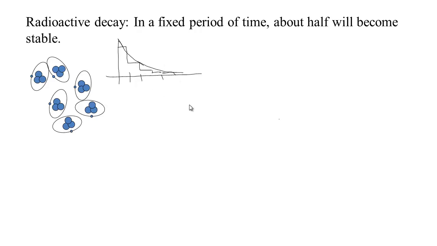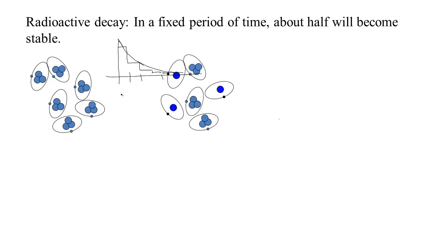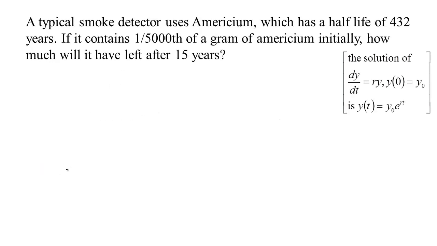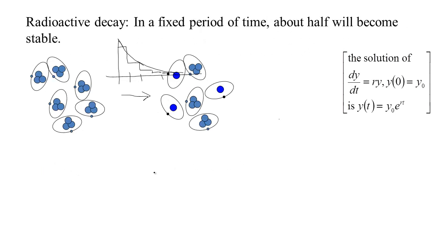So the point is that the number in any time period, the number that will become stable will be proportional to the amount that you have. The more radioactive elements that you have, the faster they'll be able to become stable. Okay, so that means that dy/dt, the change in the number of radioactive elements, will lose some fraction of those.